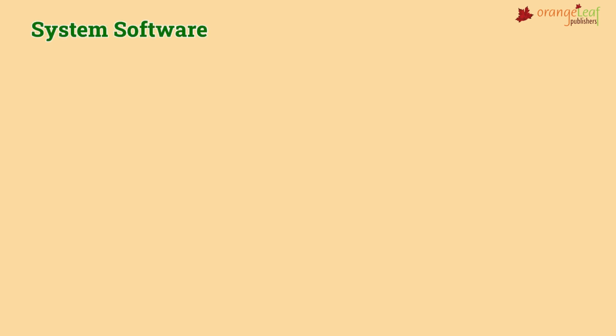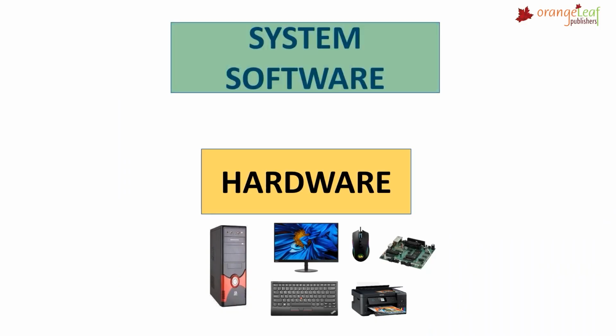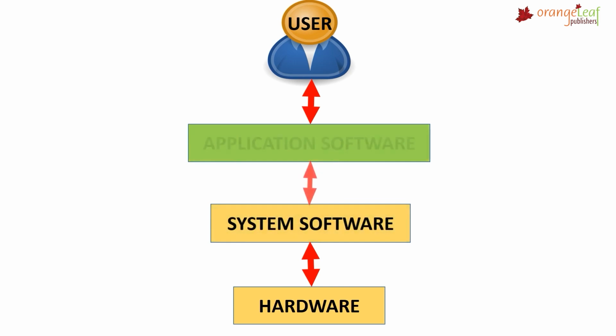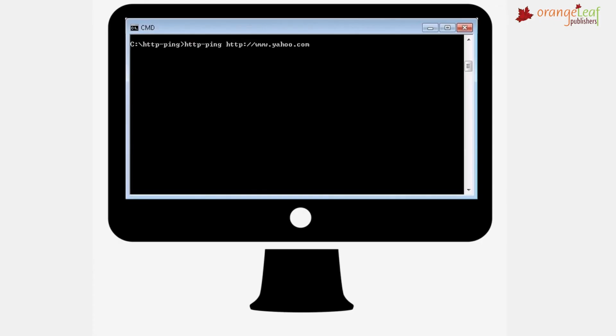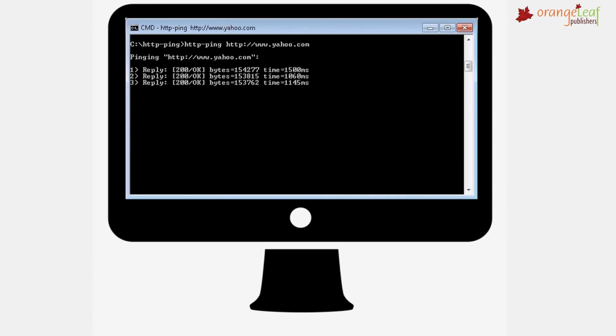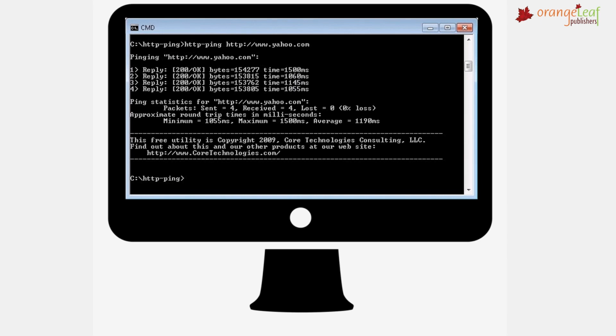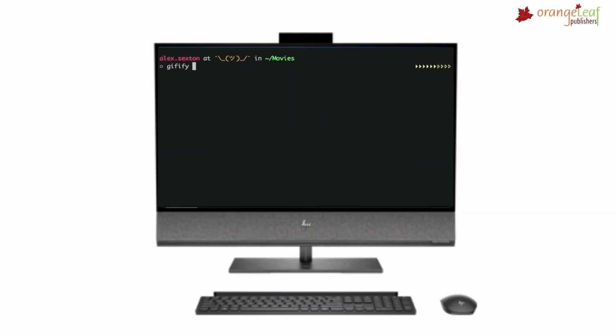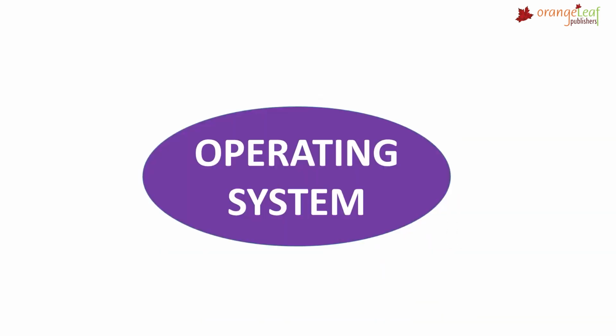System software. Number 1. System software is a computer program that runs on a computer's hardware and other software. In other words, it is a platform for other softwares. Number 2. System software controls and manages the different activities happening in a system. Number 3.